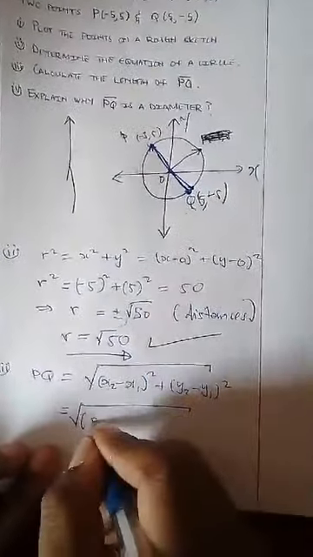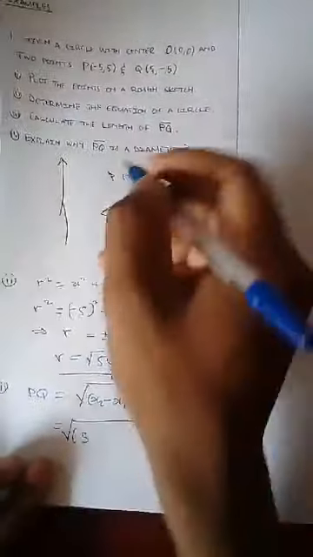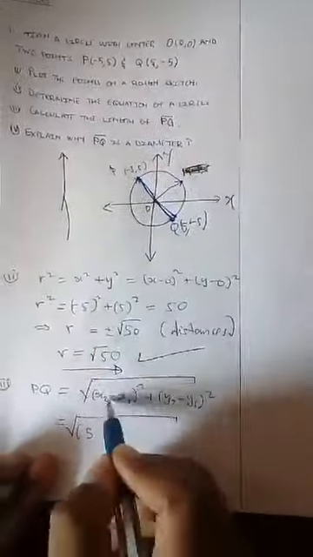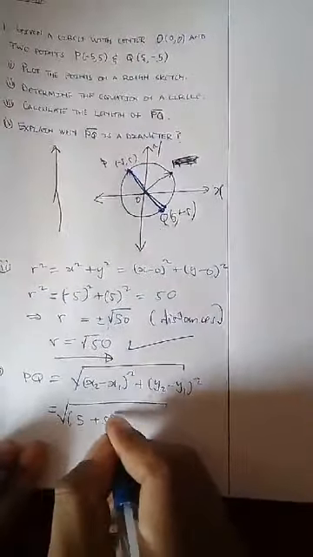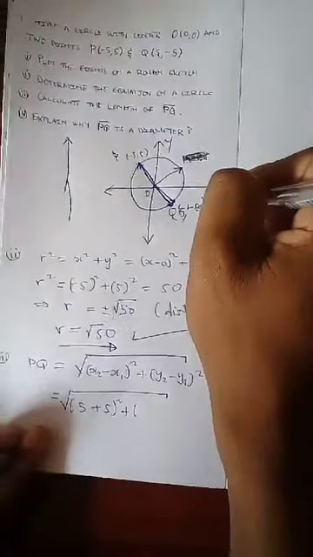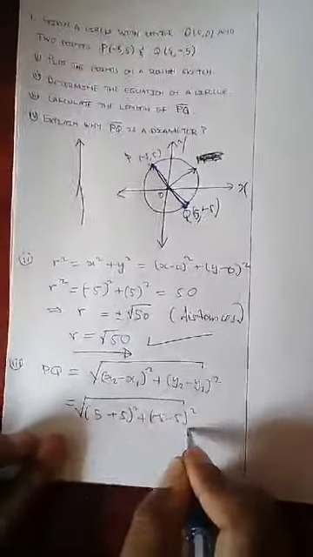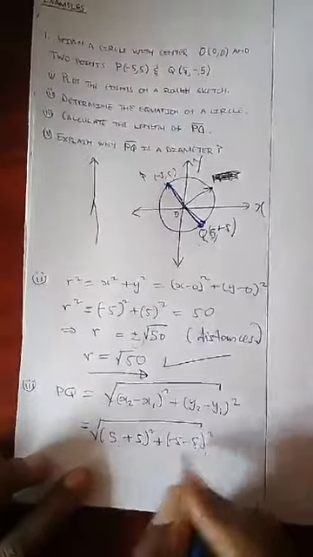So x2 is 5 because it's Q, minus x1. But it's minus x1 because it's minus 5. So there will be 2 negatives, which will give us a positive, squared, plus y2. y2 is minus 5, minus y1, so this will be minus 5 minus 5, which is minus 10 squared.